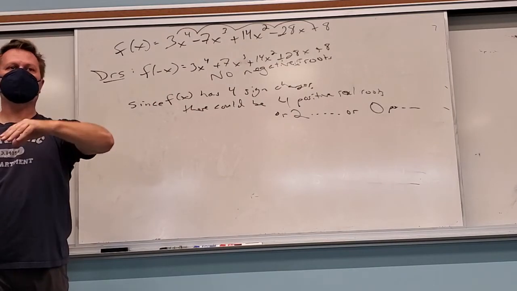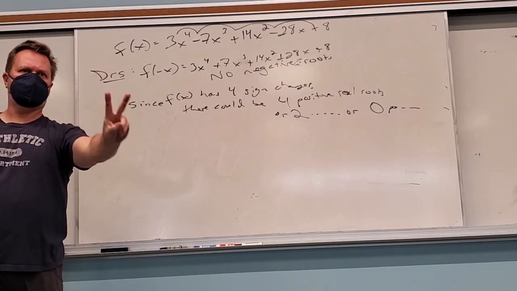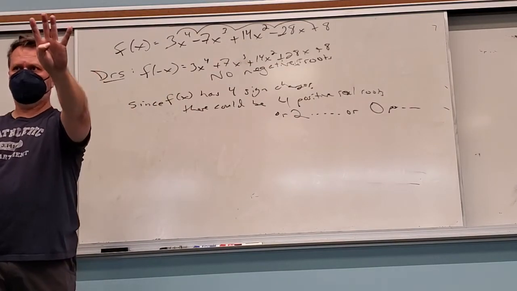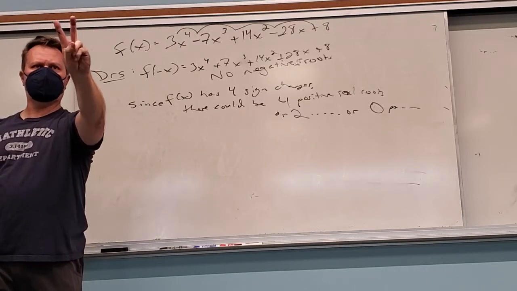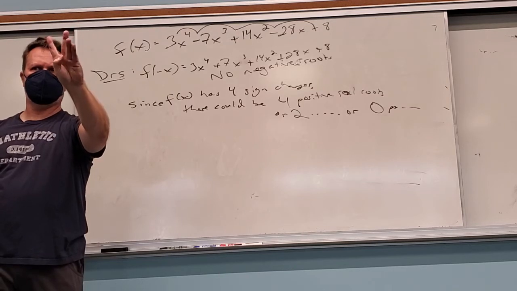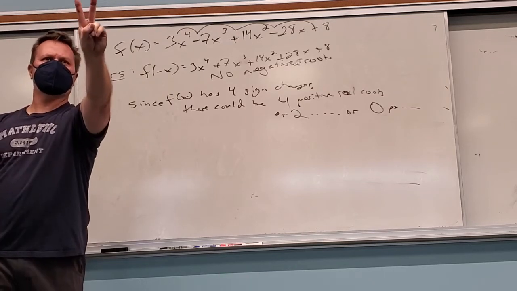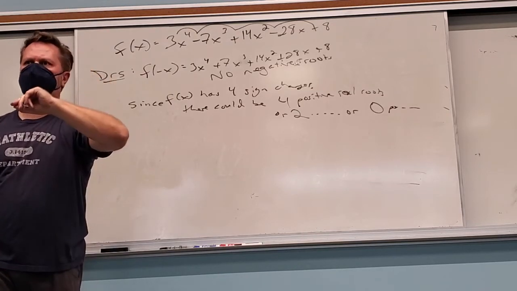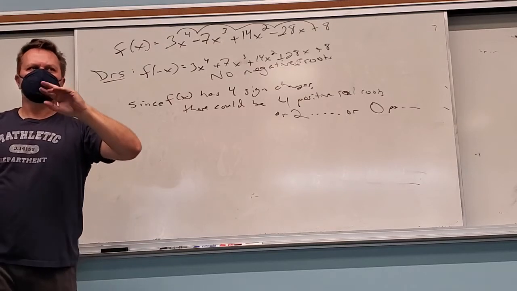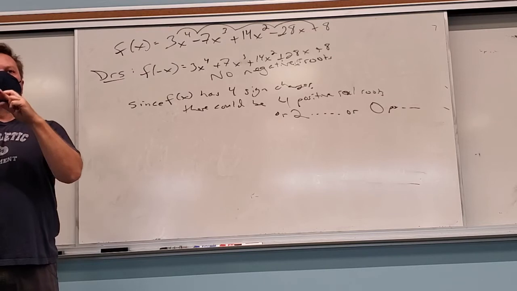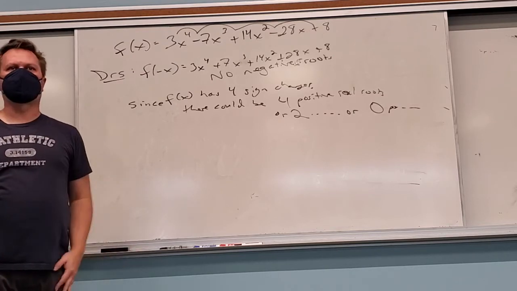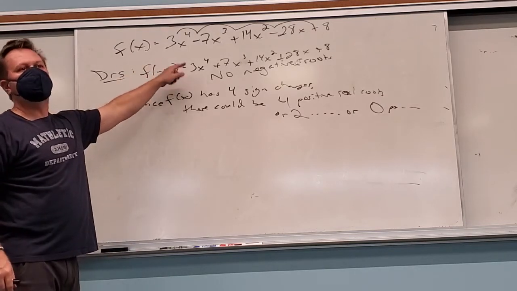Because if it's not real, that means there would be 2 complex. So there could be 4 real positives. If there aren't 4, there must be 2, because that would mean 2 of them are complex. And if there aren't 2 real, there must be no real. All 4 are complex. So that actually is not helpful at all. This one is crazy helpful.